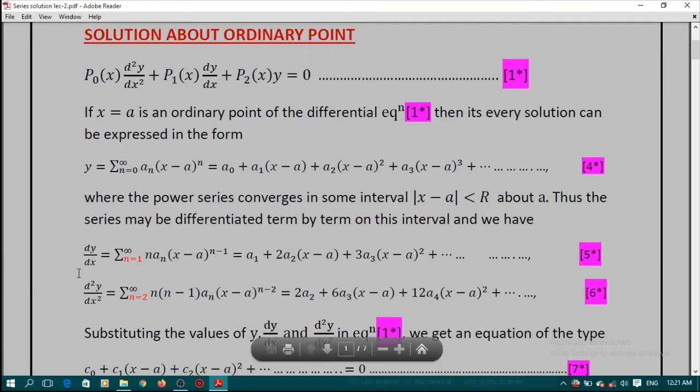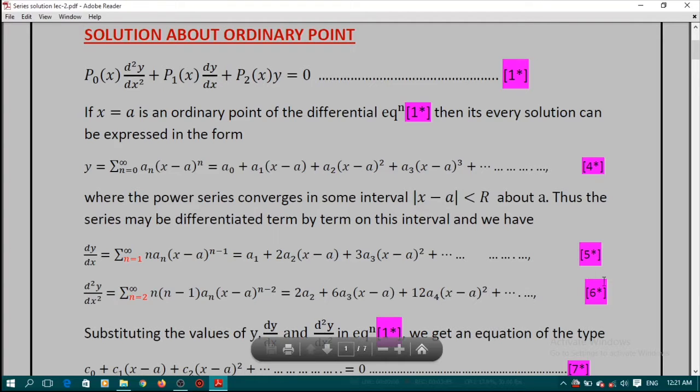Now differentiate this entire term with respect to x one more time. So we get d square y by dx square equal to summation n running from 2 to infinity n into (n minus 1) an (x minus a) whole raised to n minus 2, or that equals 2a2 plus 6a3 into (x minus a) plus 12a4 into (x minus a) whole square plus so on.